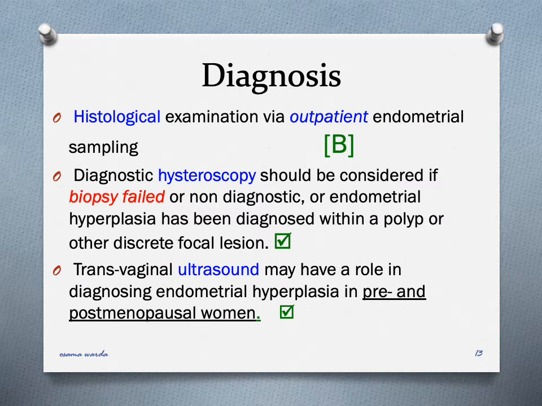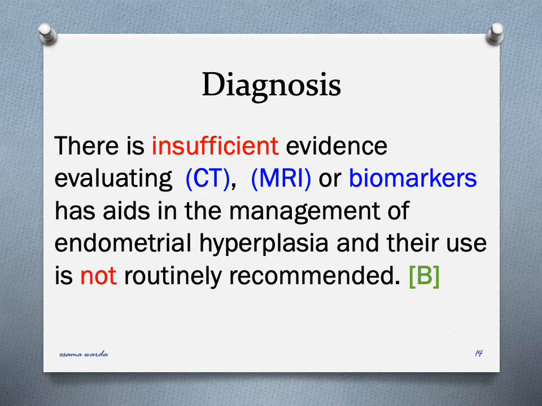Transvaginal ultrasound may have a role in diagnosing endometrial hyperplasia in pre and post-menopausal women, depending on the endometrial thickness in these women. The cutoff level for endometrial hyperplasia in patients not taking tamoxifen is 5 millimeters, while the cutoff level of normal endometrial thickness in patients on tamoxifen is 11 millimeters.